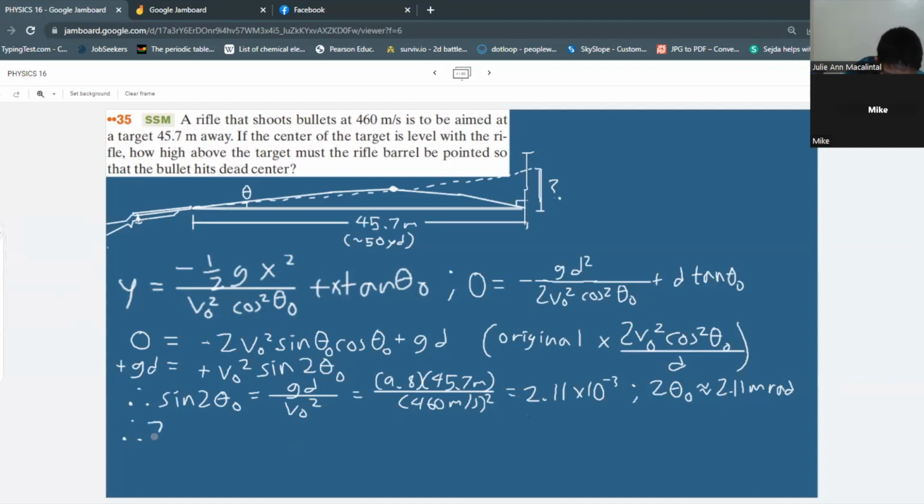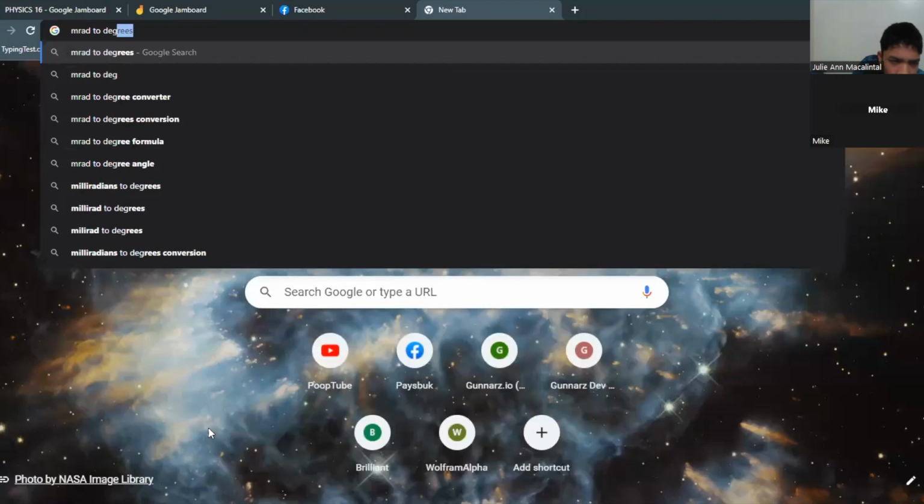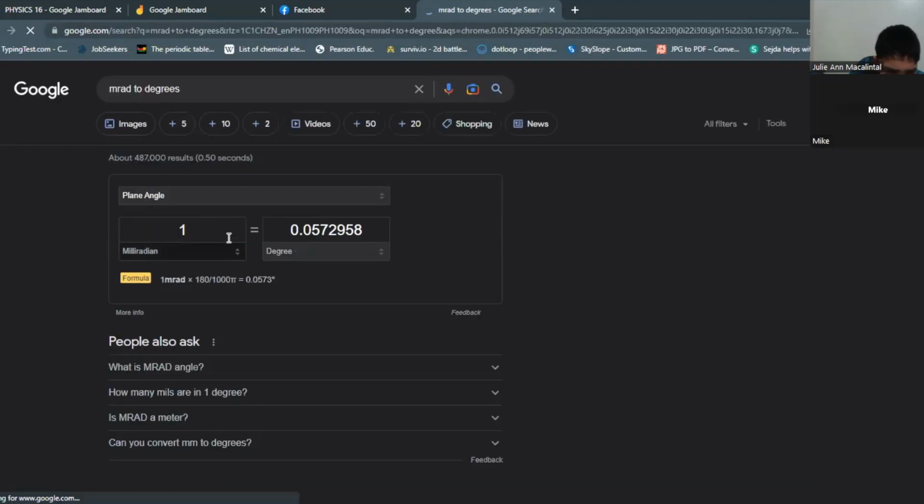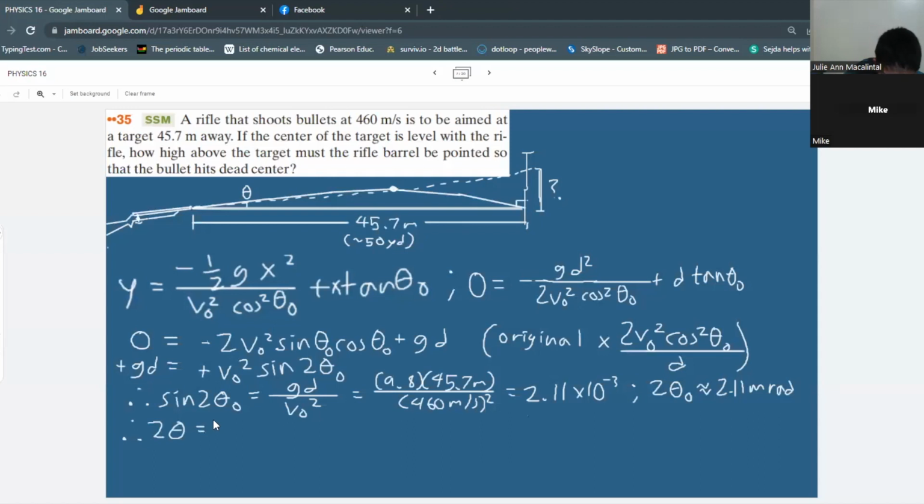Teka, so, yeah, calculate ko rin. So, 9.8. Teka, hindi ko pwede pa. Wala ka bang scientific calculator? Calculator. Ayun. 45.7. Kaya ginagawa ko yung calculation din on my end.